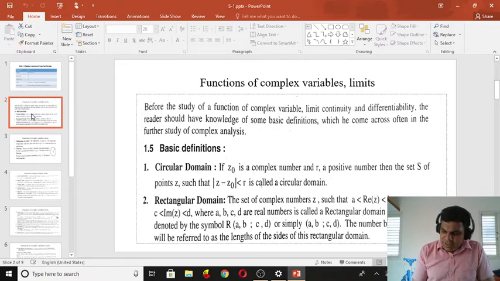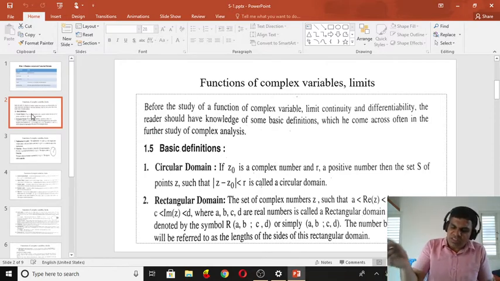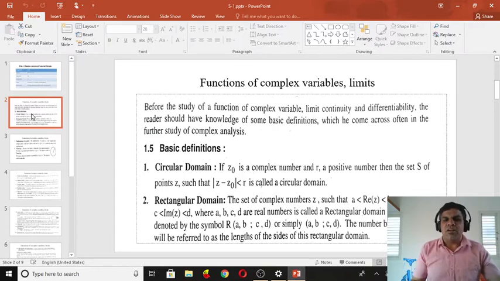If the absolute value of z minus z naught is very small, that is the radius r of the circle. That is a circular domain. It means all the points lie within the circle.